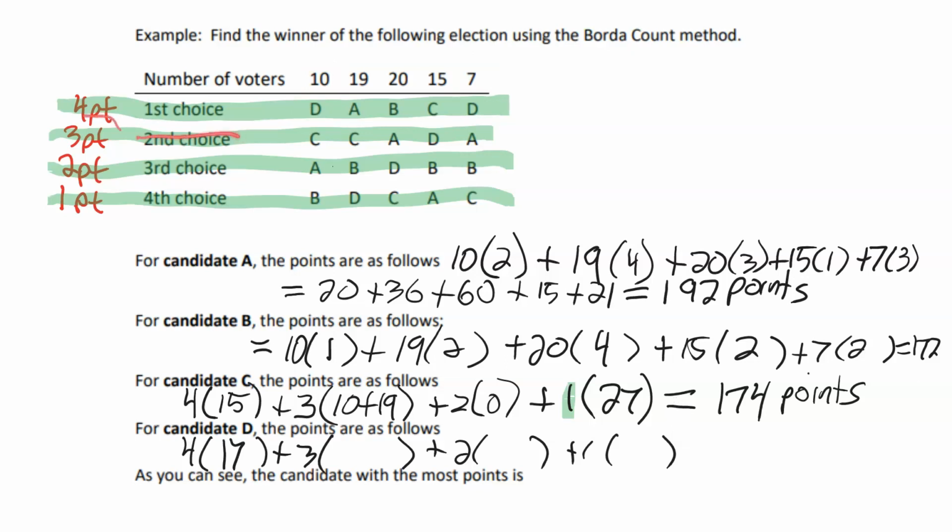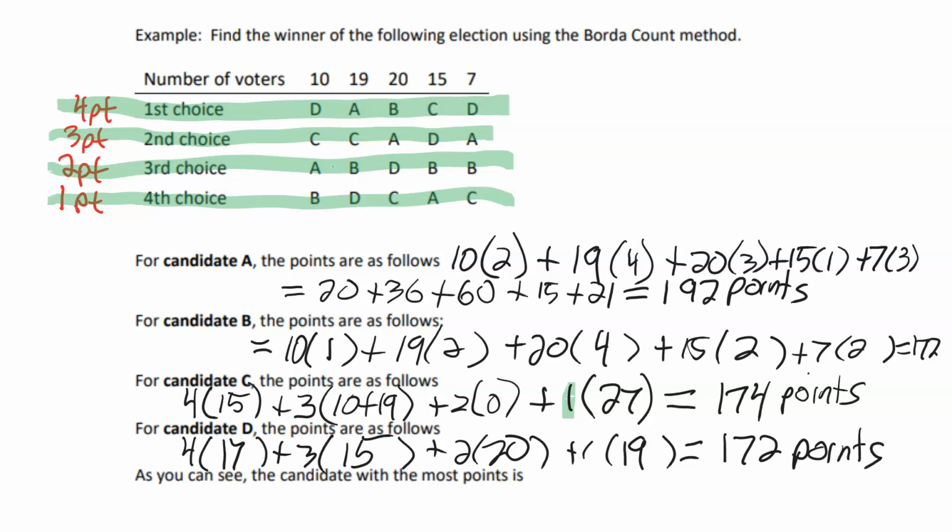For second choice, worth 3 points each, we have 15 votes. For third choice, 2 points each, we have 20 votes. And finally, for fourth choice, 1 point each, we have 19 votes. Using your calculator, you get 172 points total.